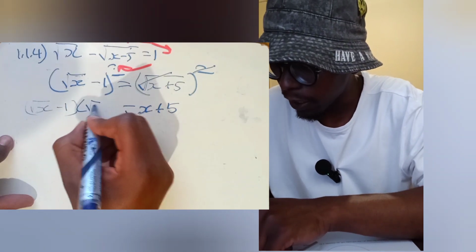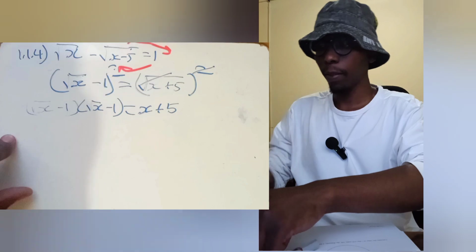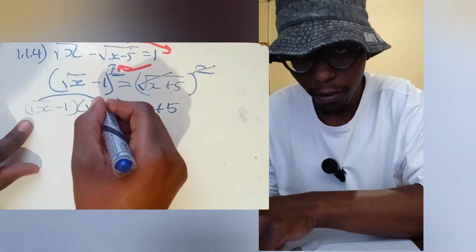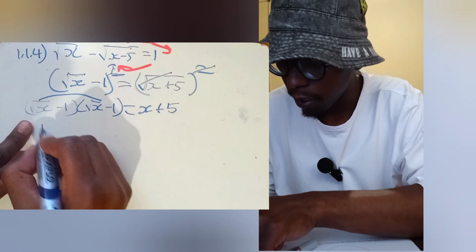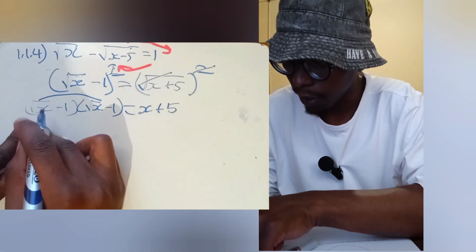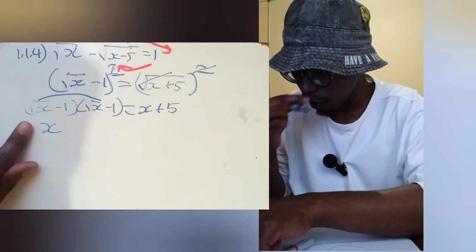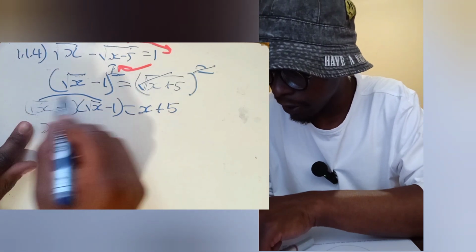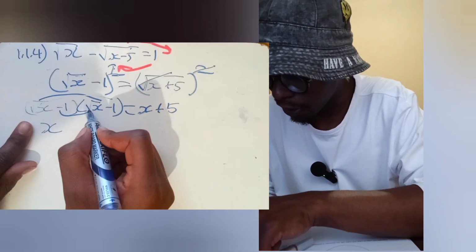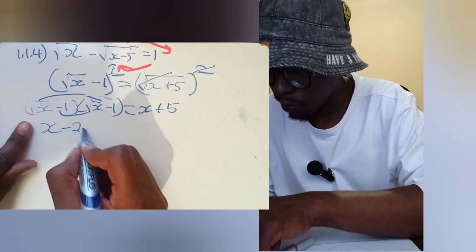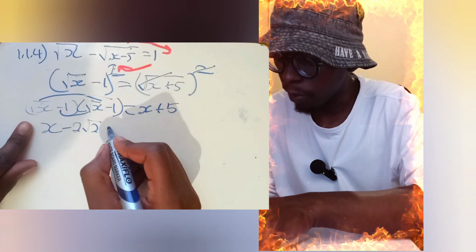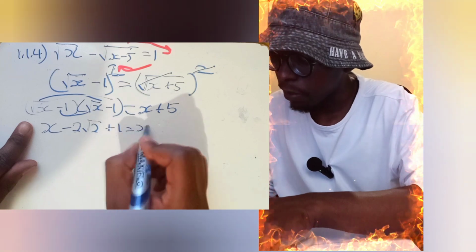So it becomes root x minus 1, squared. Now I say x times x, root x times root x becomes only x. Then negative root x, and it comes to minus 2 root x. And then negative 1 times negative 1 equals positive 1. The x plus 5 here.